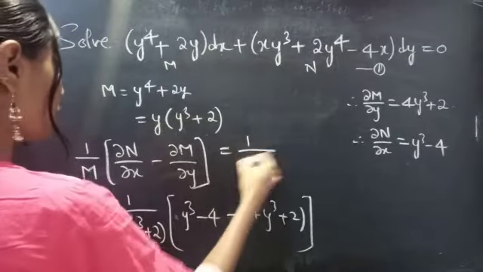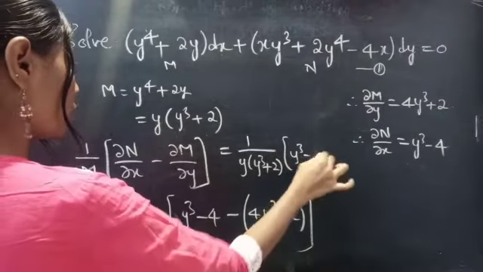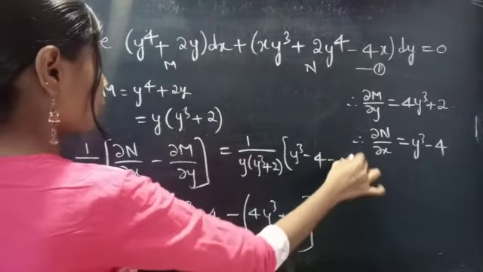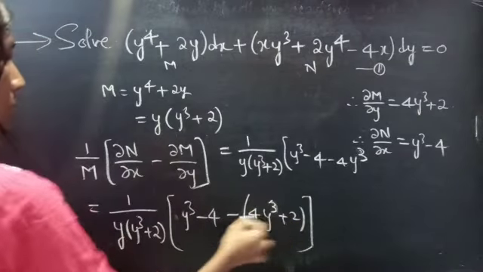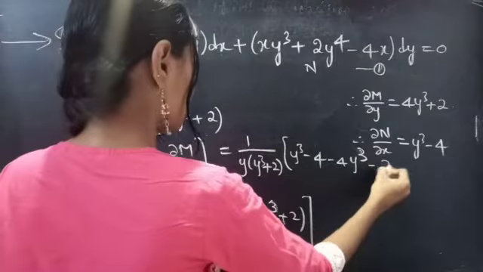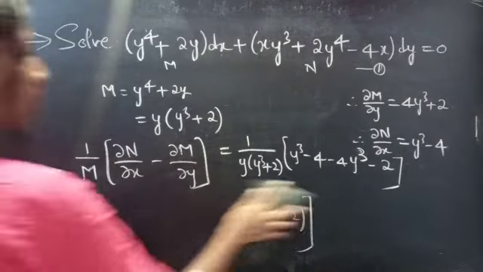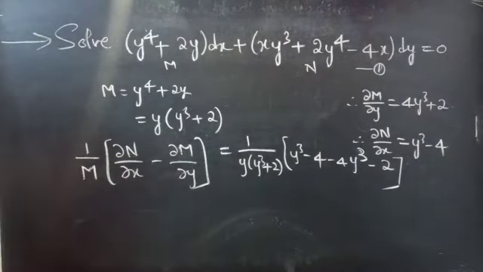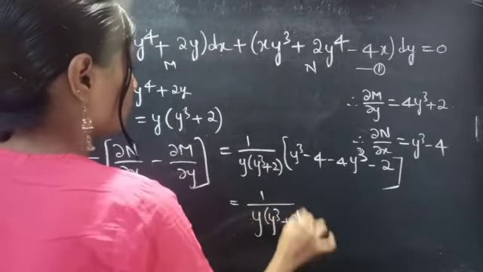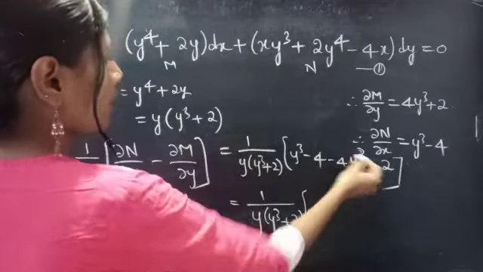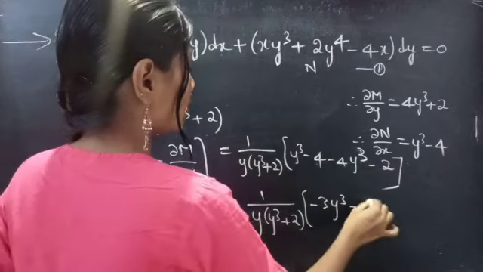This equals 1 by y times y cube plus 2 into y cube minus 4 minus 4y cube minus 2, which is 1 by y times y cube plus 2 into minus 4y cube plus y cube, that is minus 3y cube, and minus 4 minus 2 is minus 6.